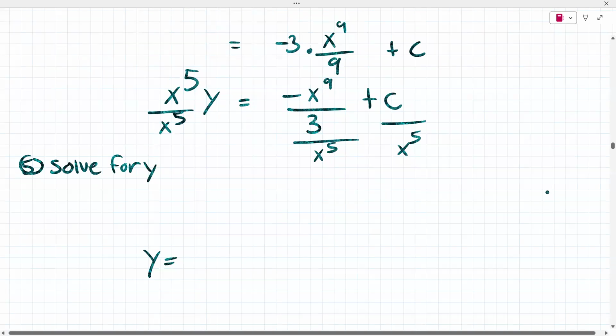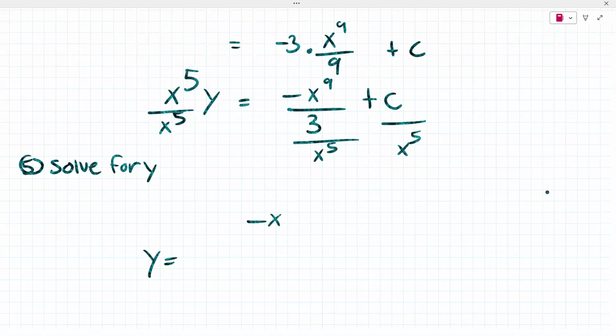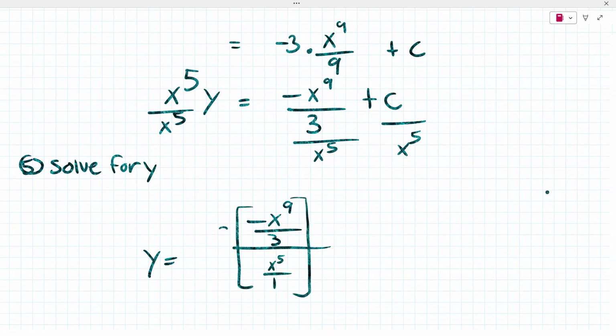So negative x^9 over 3 divided by x^5, a complex fraction, and if you multiply by 3, you get negative x^9 over 3x^5.